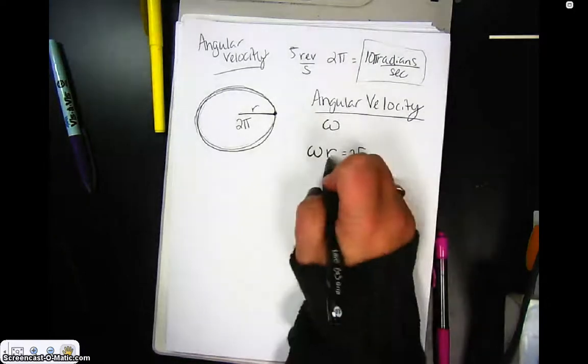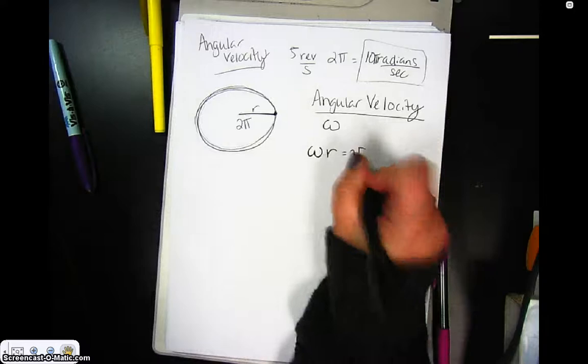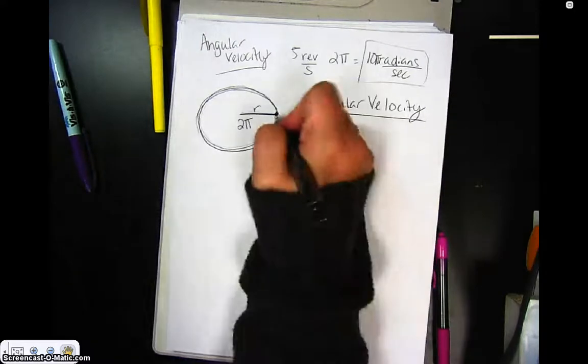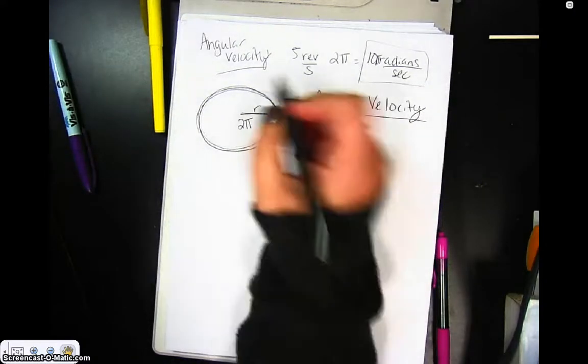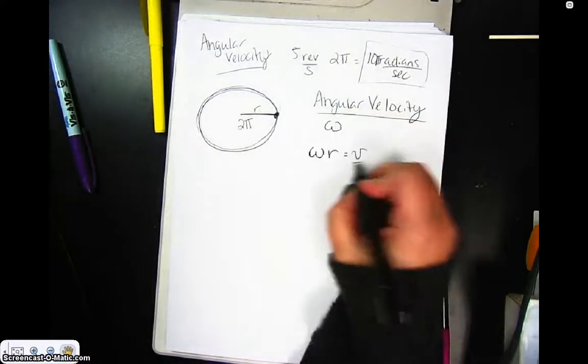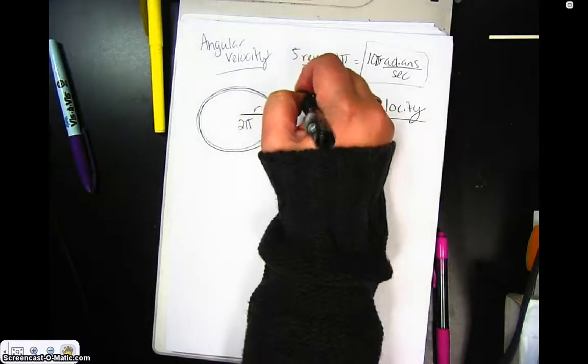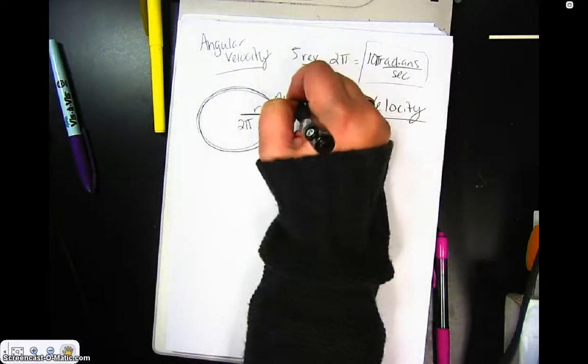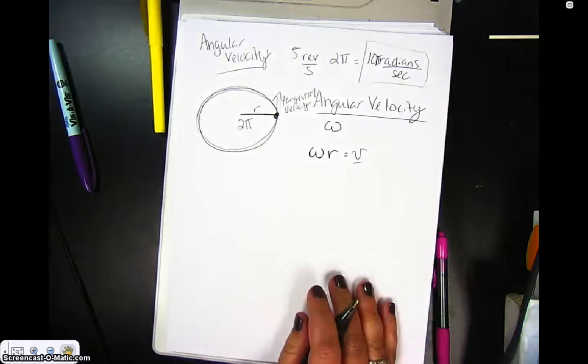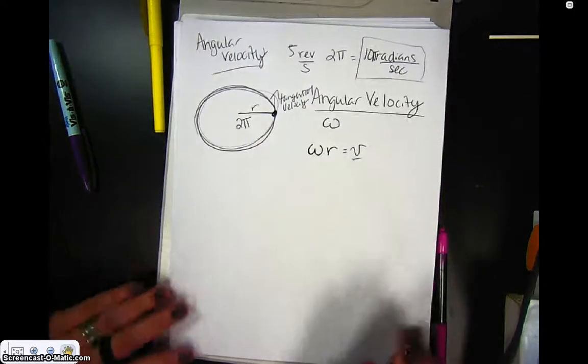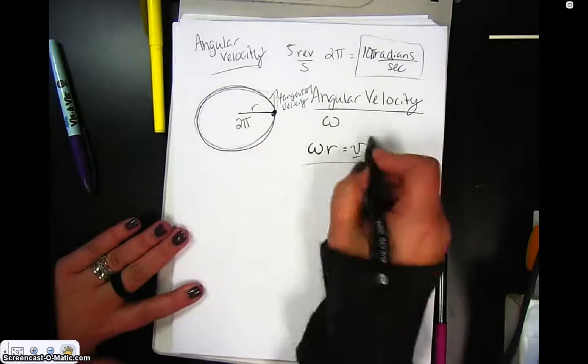So angular velocity times the radius of the circle is equal to the actual speed that this object is going, the same velocities we talked about when we did tangential velocity in our previous unit, right?